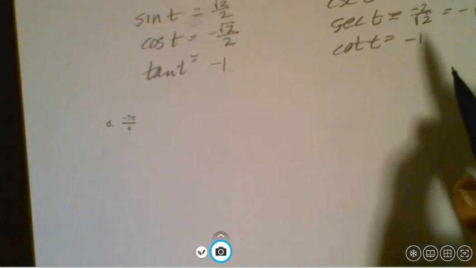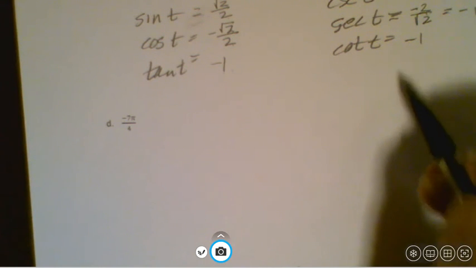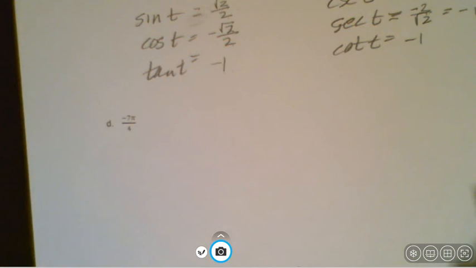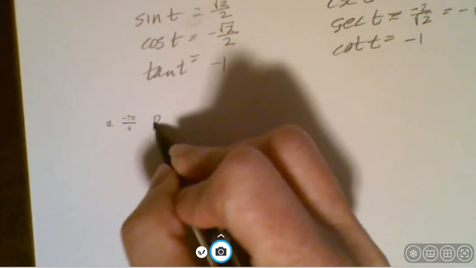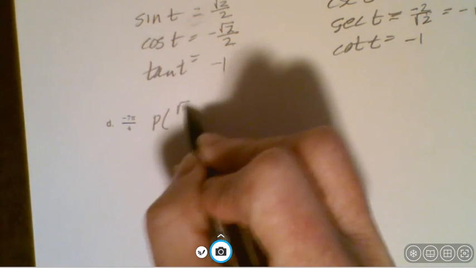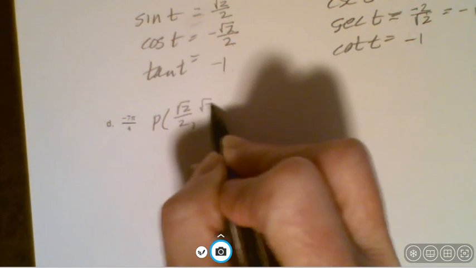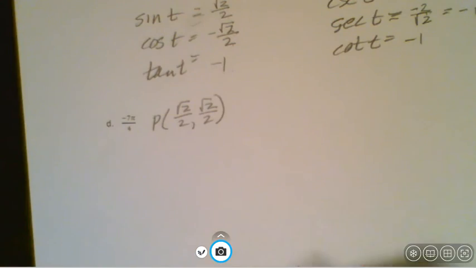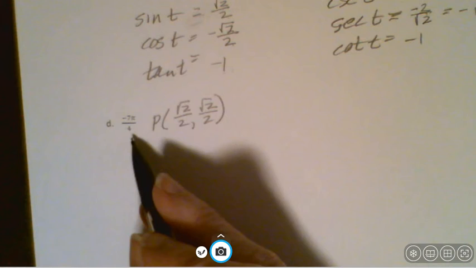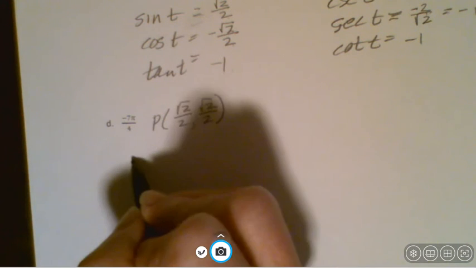But if you start at 0 radians and go clockwise 7 pi over 4, you end up in the 1st quadrant, right where pi over 4 is. So your point is square root of 2 over 2, square root of 2 over 2. You have traveled 7 pi over 4 radians in the clockwise direction. That's what that means, so we have to make that adjustment.